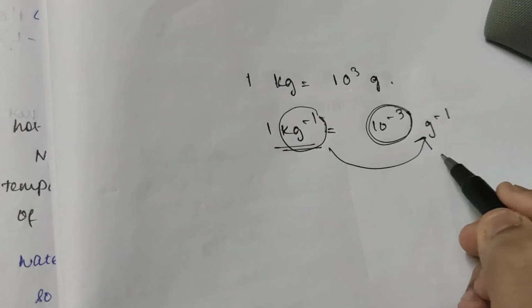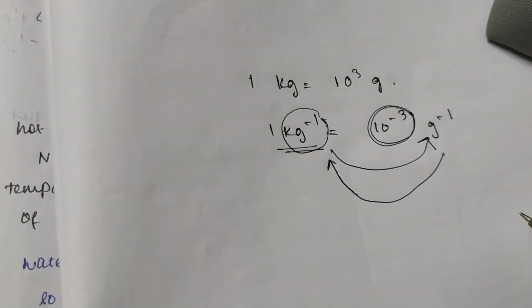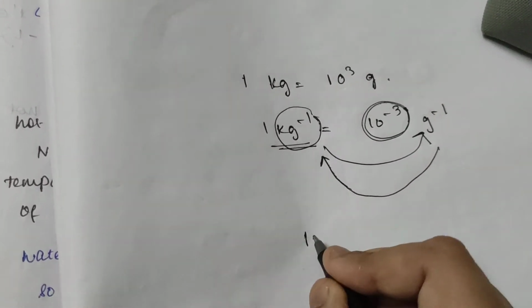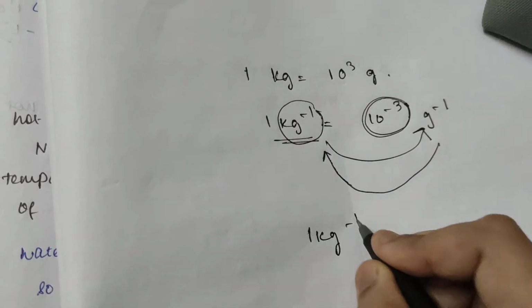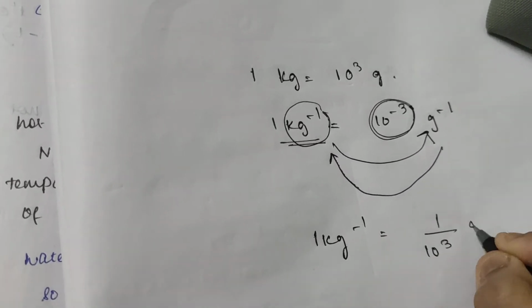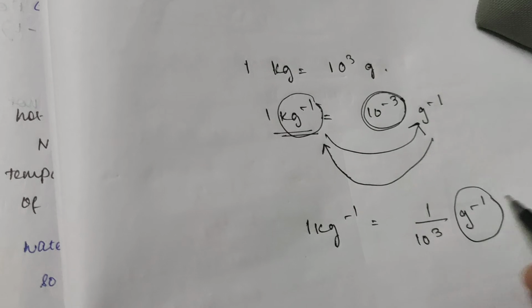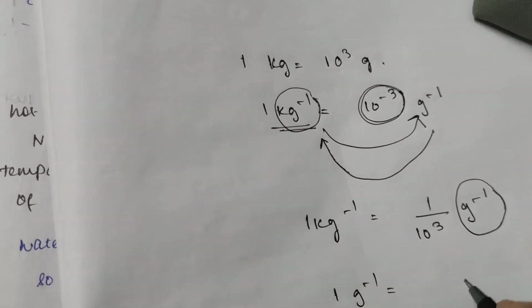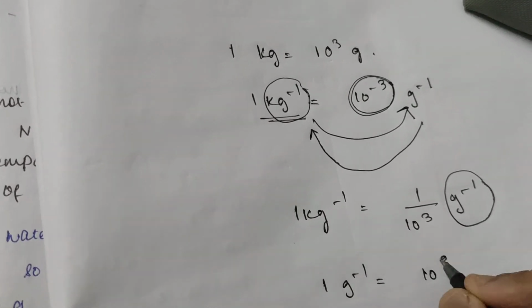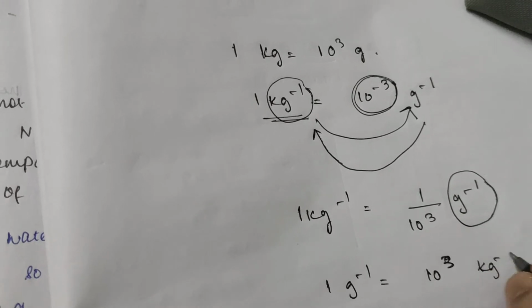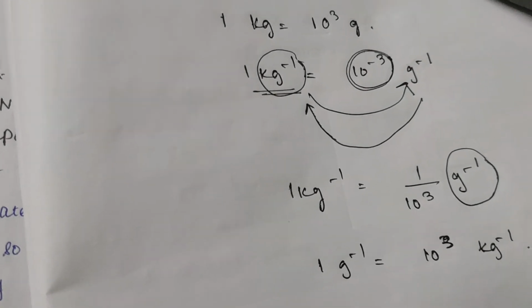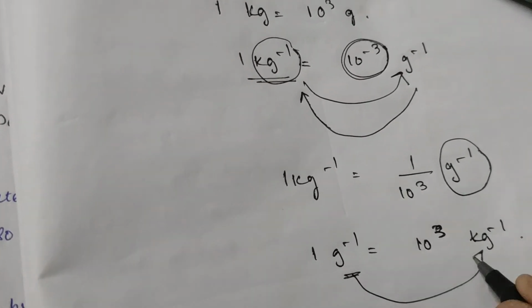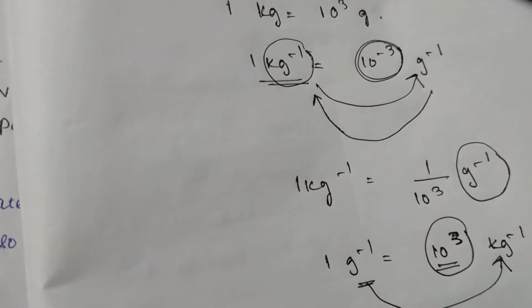What about gram inverse to kg inverse if I have to convert? Then simply, 1 kg inverse is 1 by 10 to the power 3 gram inverse. So 1 gram inverse means 10 to the power 3 kg inverse. So if I have to convert gram inverse to kg inverse, I will multiply by 10 to the power 3.